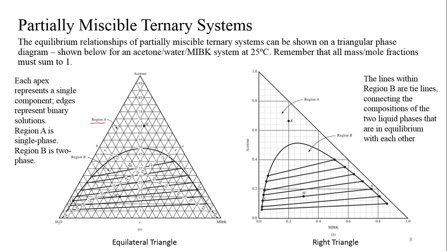In order to use it, we have to know that our third component here is the water. And so whenever you locate yourself on here and you read something off, you have to figure out what the water composition is. You can't read it directly, in a sense. Everybody with me on that?